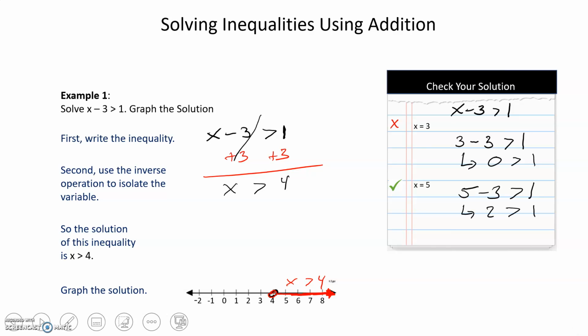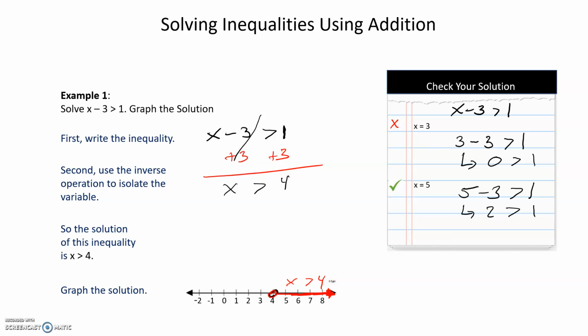Before we move on to example number 2, I'm going to tell you about a common mistake that a lot of students have. A lot of students feel that whatever side of the inequality the variable is on, that's the side they're going to shade. And that is completely, 100% not true. It has nothing to do with what side the variable is on.